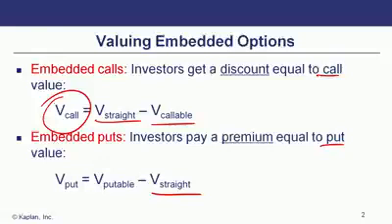So if we want to know something about the value of an embedded call, remember the value of a callable bond is simply the value of a straight bond less the value of the call that we have effectively sold to the issuer. With a callable bond, the issuer has the right to call the bond away, and we're not going to like that.